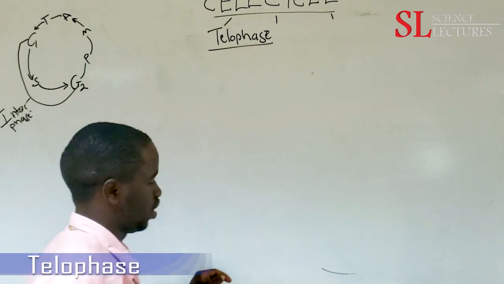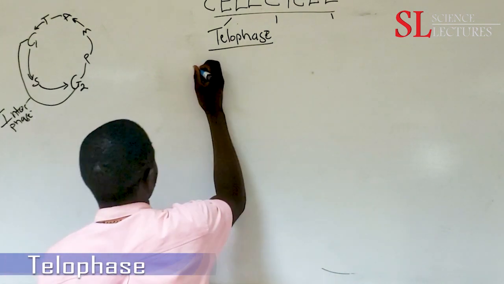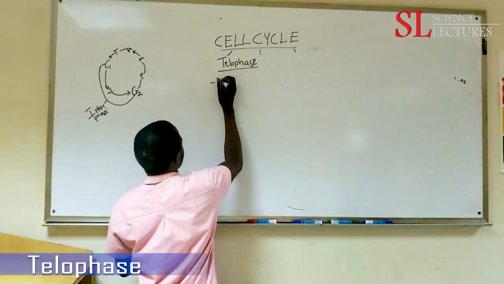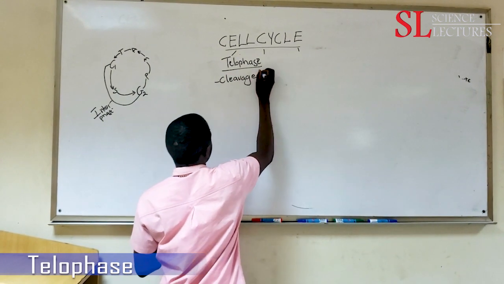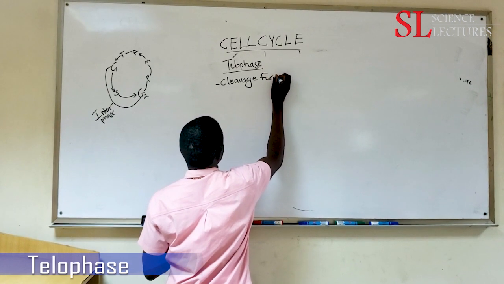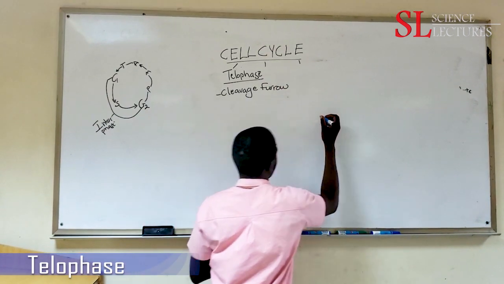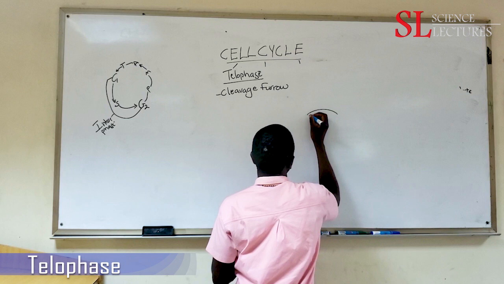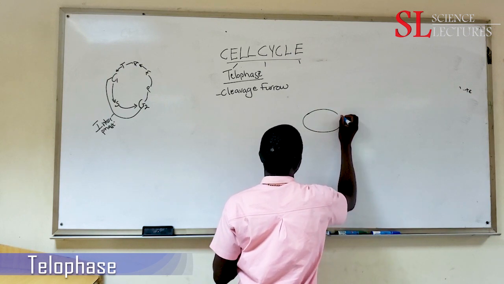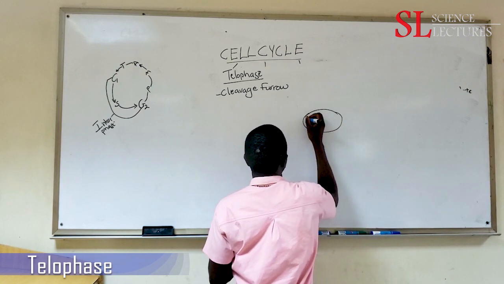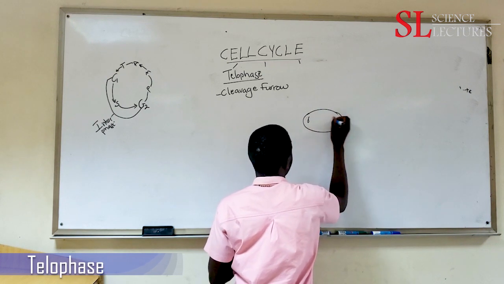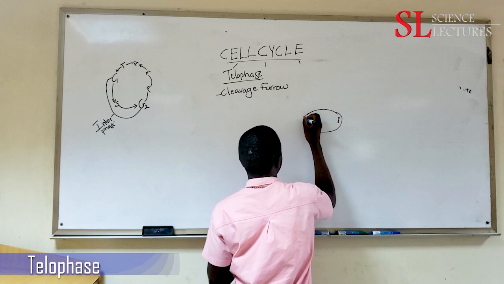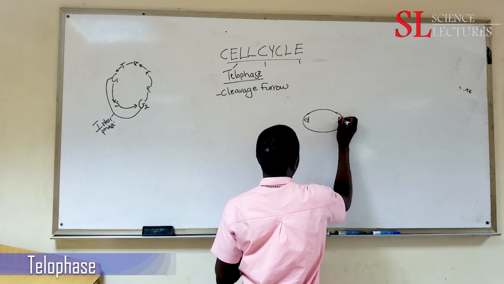So in telophase, I'm assuming this is number one, we shall have development of what they call the cleavage furrow. I'm assuming this was my cell. Now the chromatids here have reached opposite ends of the cell, and the chromatids here have also reached opposite ends of the cell.